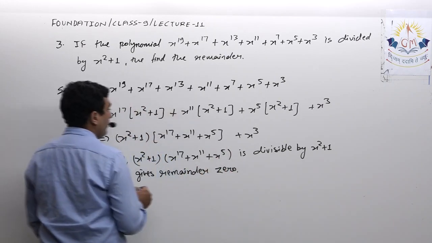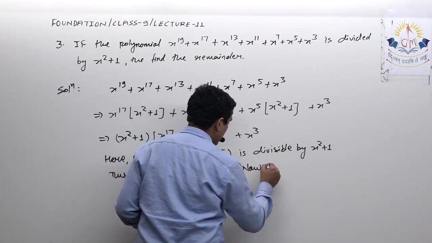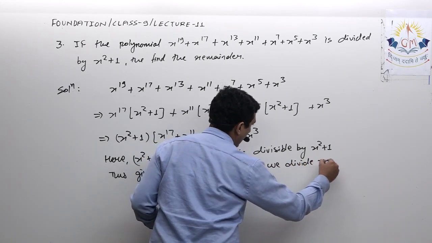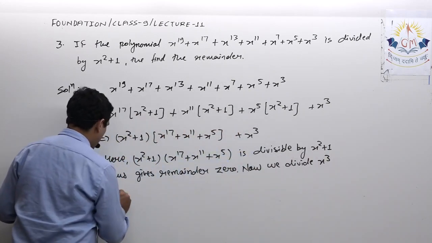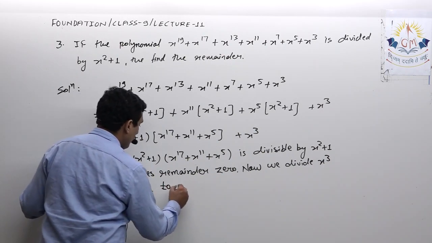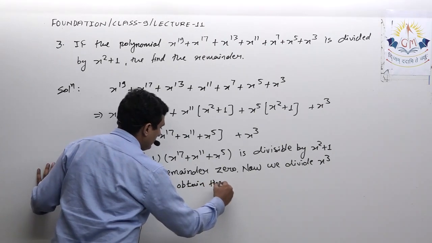Okay, now we divide x cube by x square plus 1 to obtain the remainder.